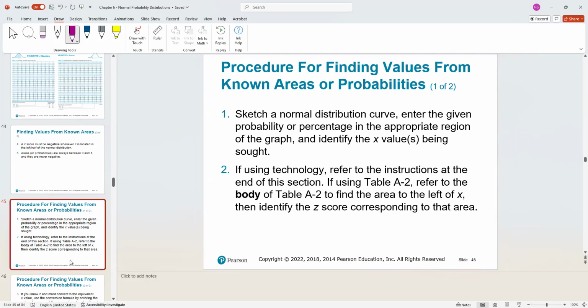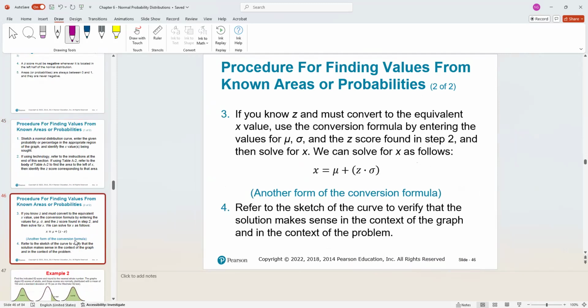If you're using the tables, then we're going to do it together here and you will see. Remember, this is how you need to proceed to find the x values, and this comes from z equal x minus the mean over sigma, where we solve for x. So if you remember a little bit of your algebra, you should be able to solve for x. Okay, refer to the sketch to do that.